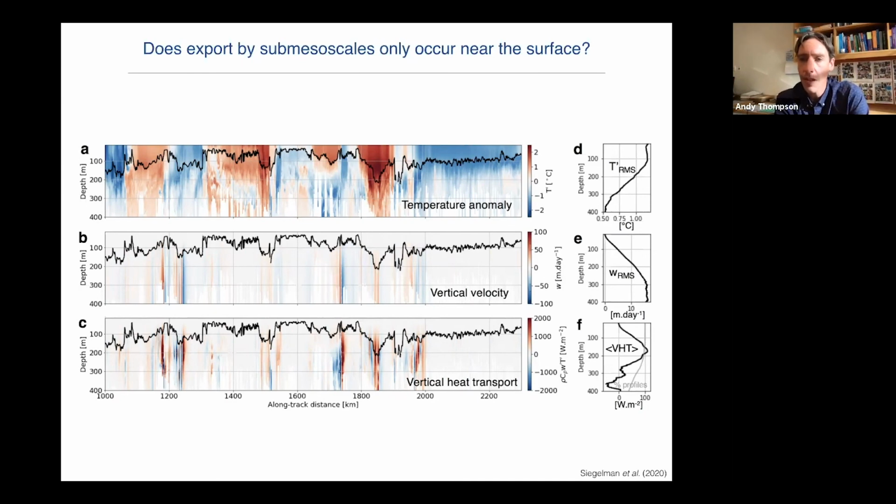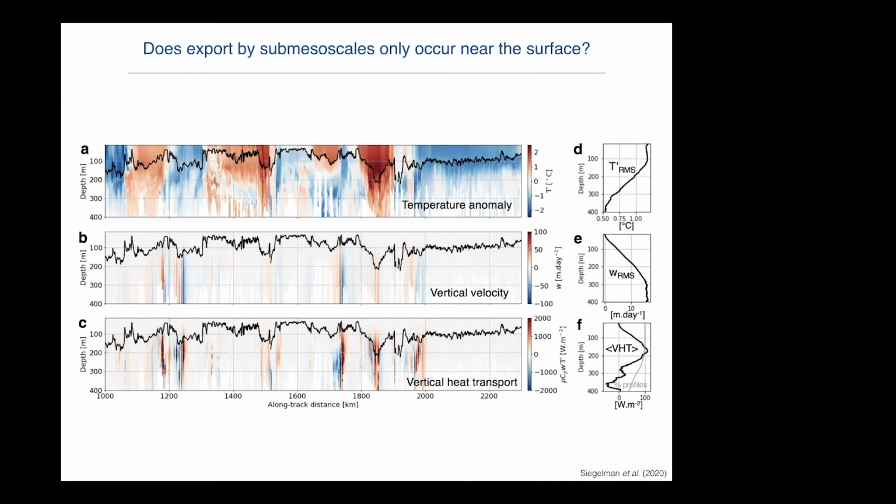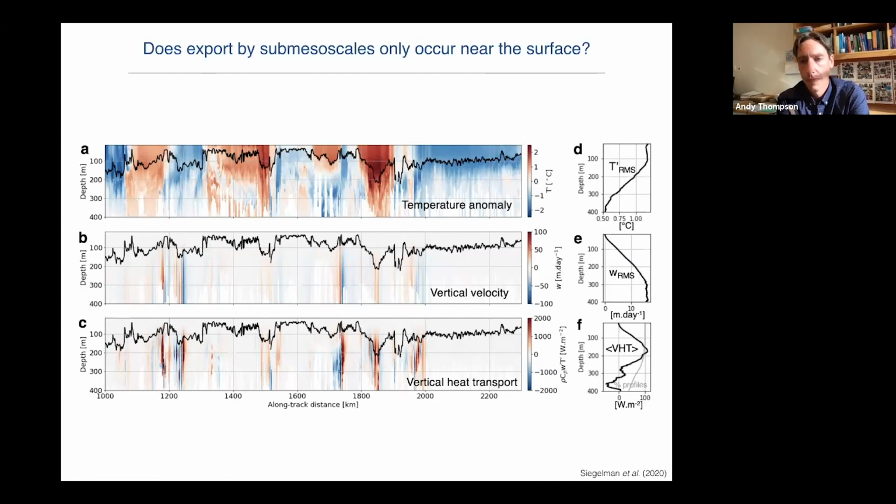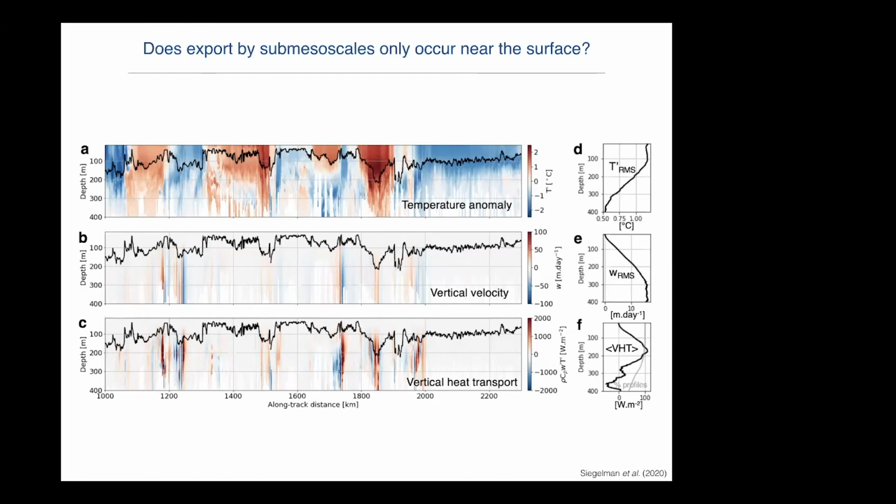Right. I mean, the frontogenesis arguments we make have generally been applied to these QG omega kind of numbers and that kind of theory, and people have tried to make all kinds of modifications to them, maybe by including more nonlinearity or other kinds of effects which are generally discarded in QG. And those typically do give you the asymmetry in the vertical velocities.